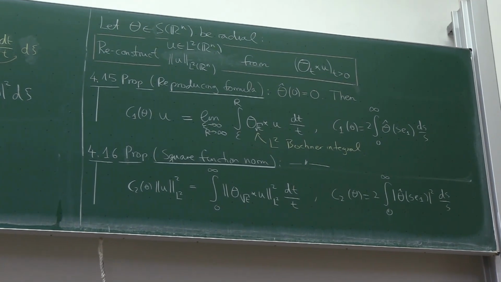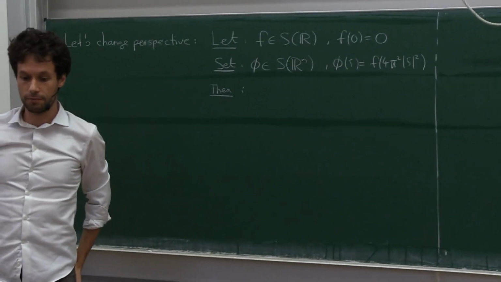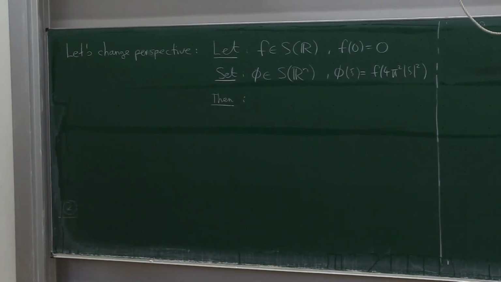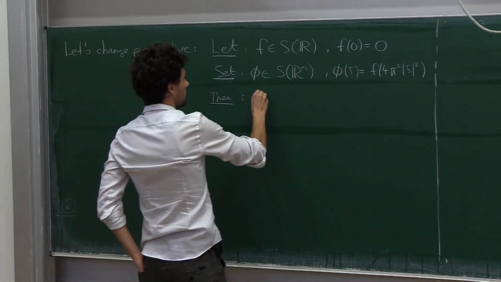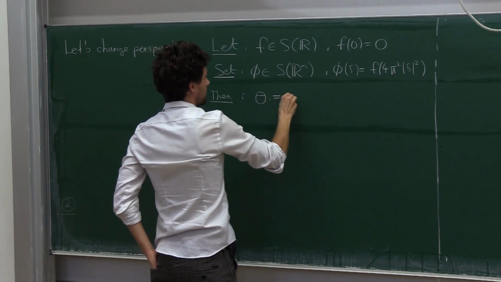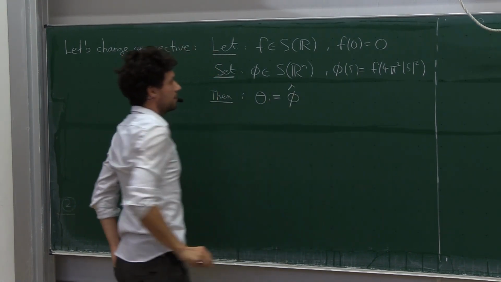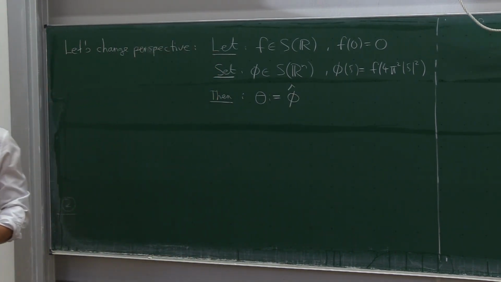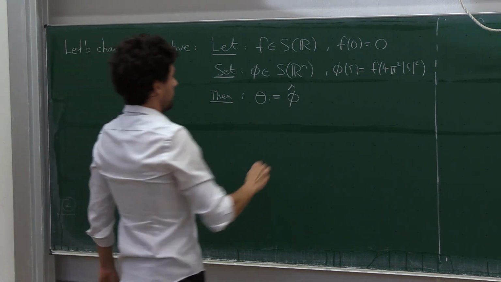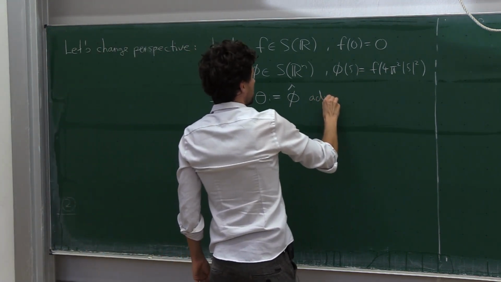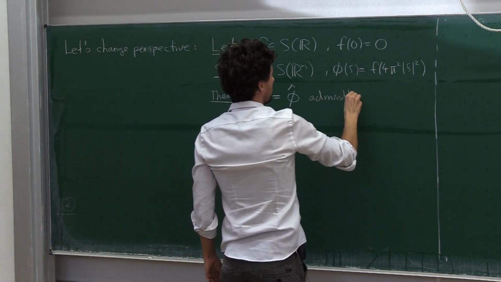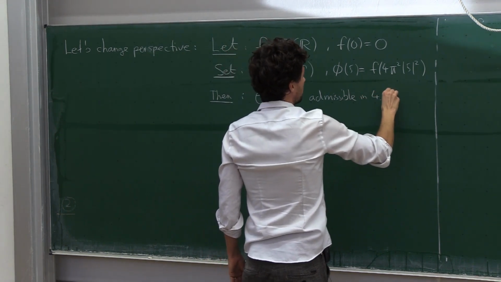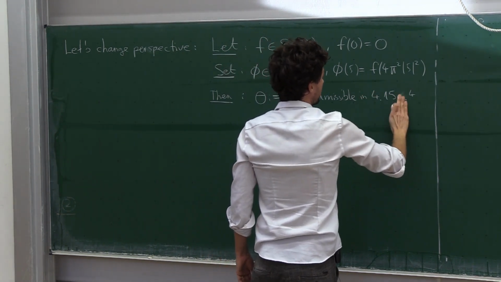So the function that I should be using here is the inverse Fourier transform of phi. So let's set theta to be the Fourier transform of phi. And then this function is admissible in 4.15 and 4.16.